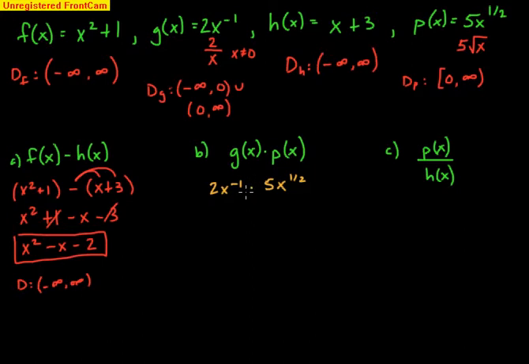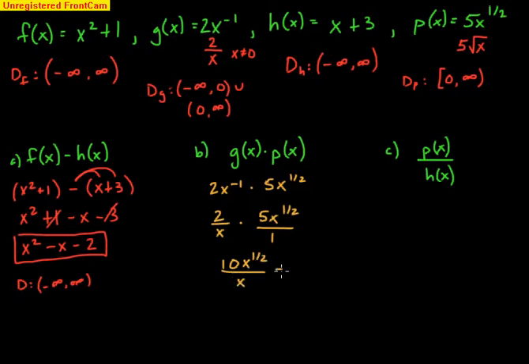Notice I did not use parentheses because there's no plus or minus signs, so it's okay. Let's change this 2x to the negative first into 2 over x times 5 over x to the 1/2. This 5x to the 1/2 is over 1, so let's multiply straight across, and we have 2 times 5 is 10x to the 1/2 over x.